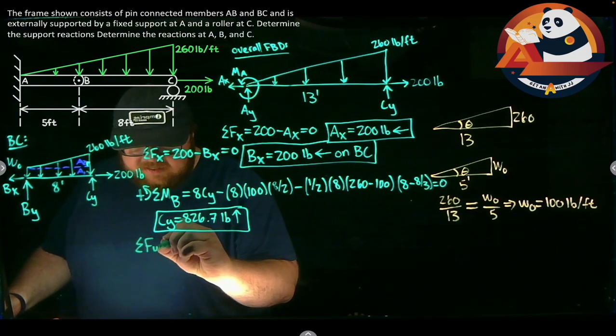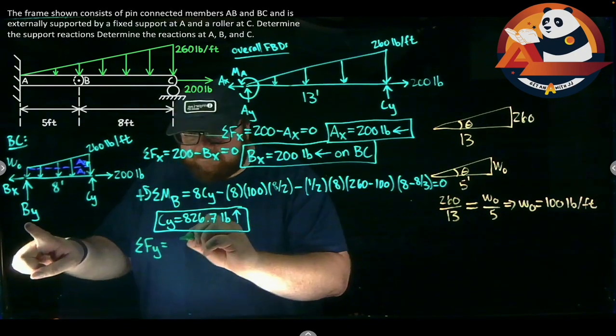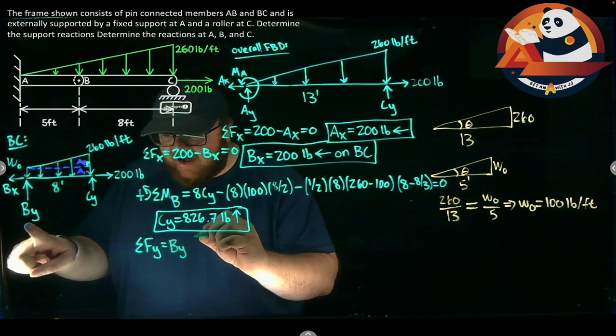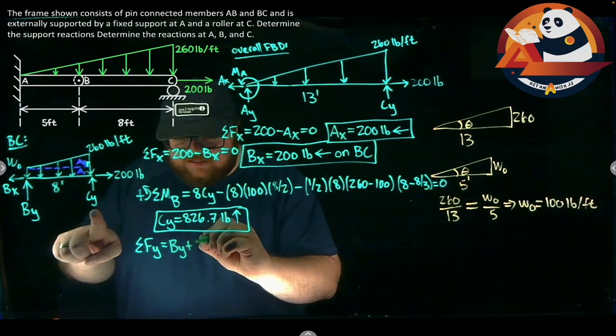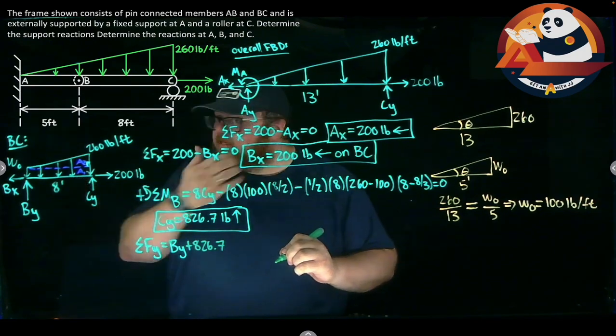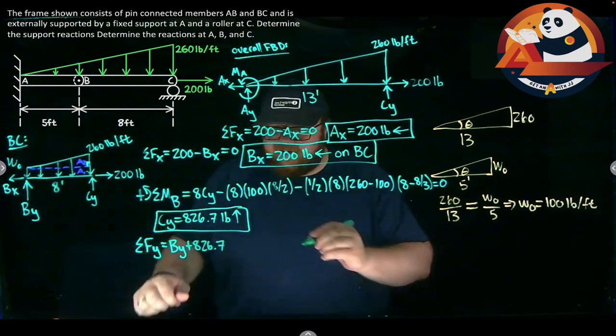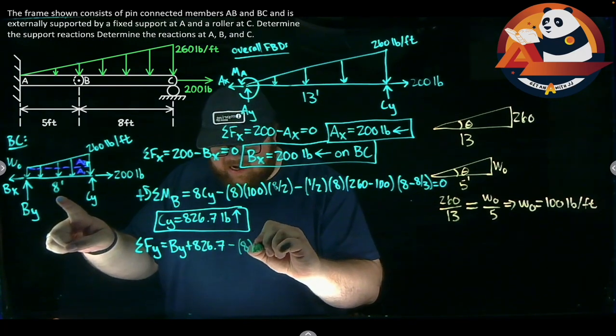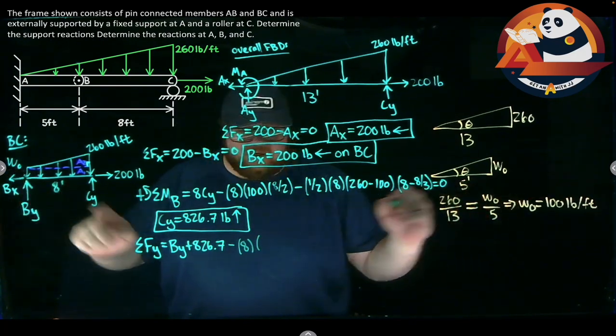For summing forces in the Y, I would have BY goes up. I would have CY, I know is going up, plus 826.7, minus area 1, the force from our rectangular distributed load, will be minus base times height. 8 times my height, WO, is 100.